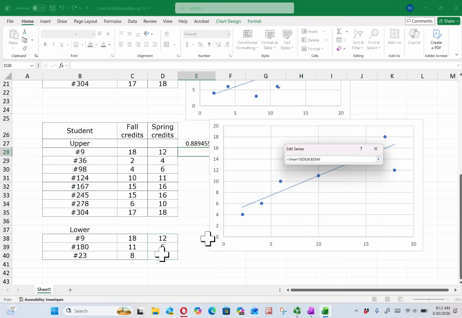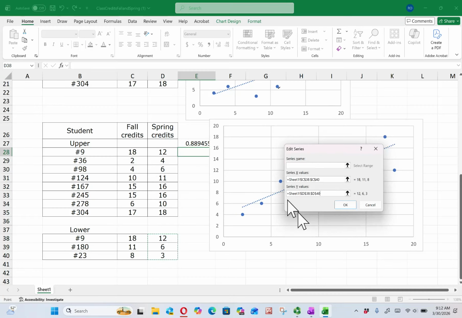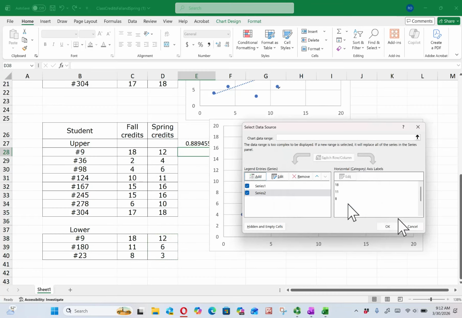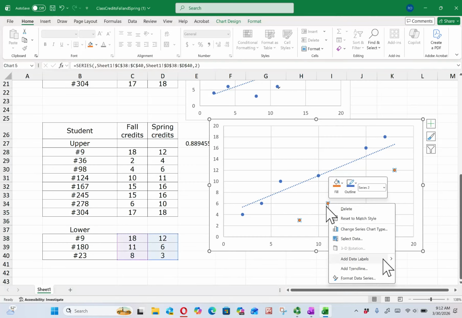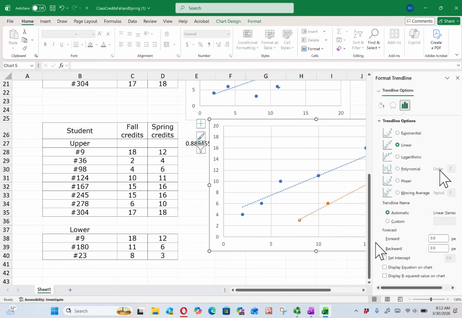Y values there. And now I've got both groups graphed together, and I'm going to put another trend line on this lower group. They're separate series now.